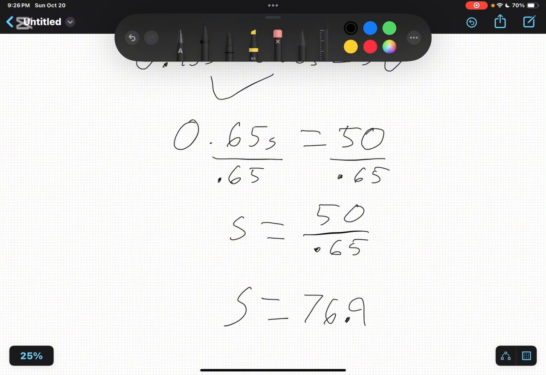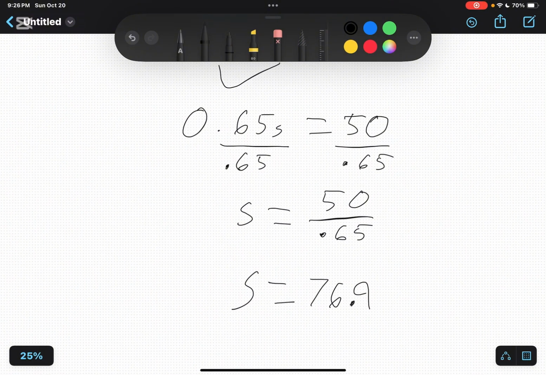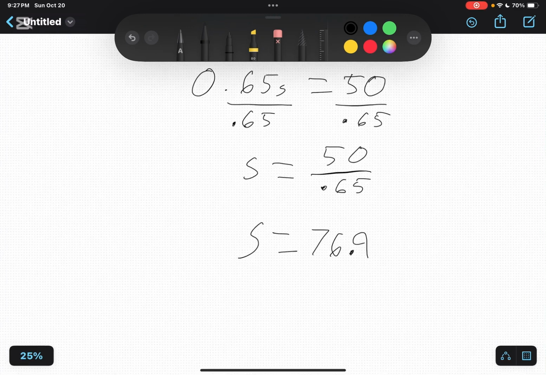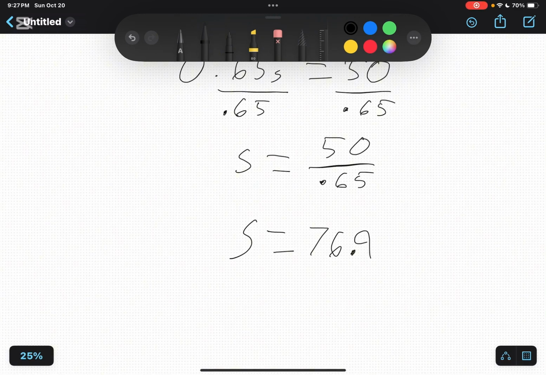And again, like the last one, there's no such thing as a fraction of a student. And since I'm a little scared and frivolous, meaning I don't want to spend too much money, I'm going to round down because I'm not sure if I have enough money to supply enough cupcakes and balloons for 77 students with my limit of $50. So we'll just round down in this case to be just 76 plainly.